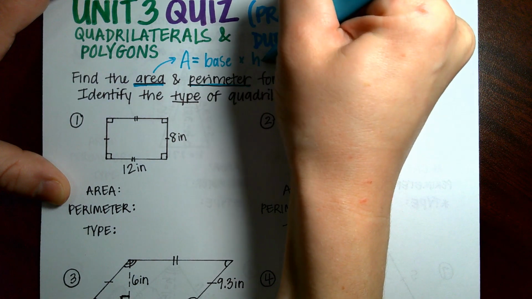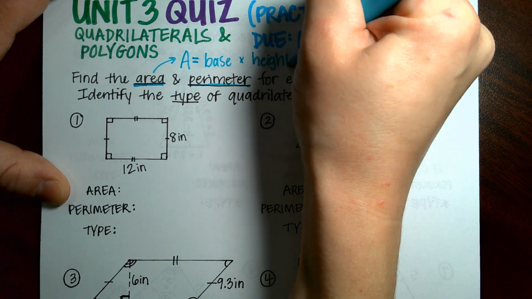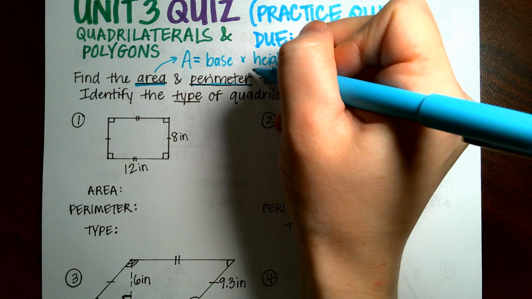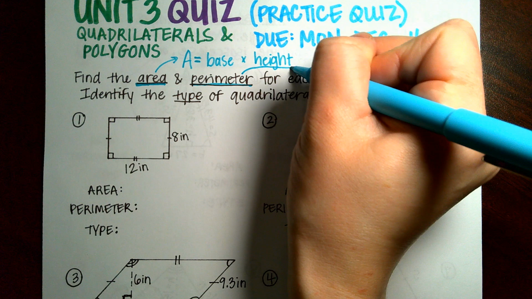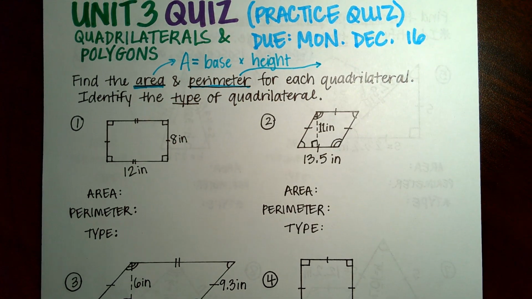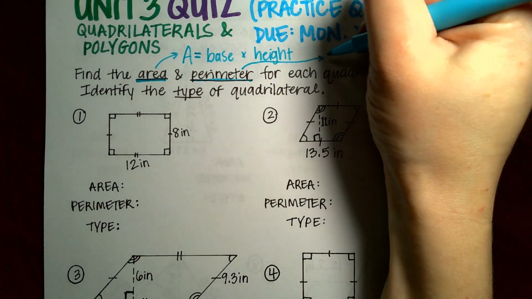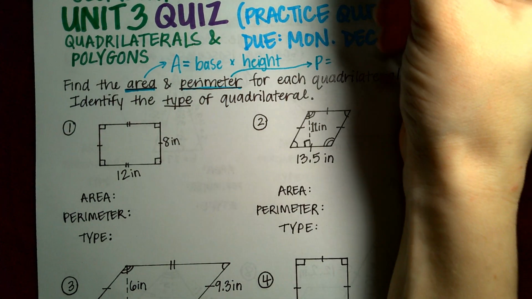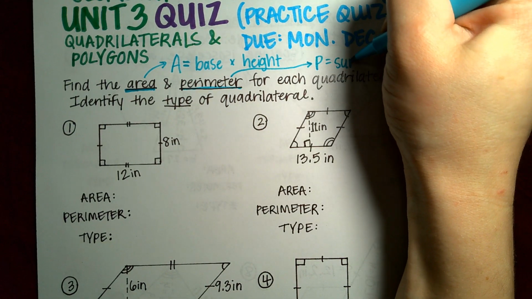And what is the perimeter? Doesn't necessarily have to be a formula, just how do we find the perimeter? Add all the sides. Basically, adding up all the sides. Pretty much. So perimeter is sum of sides.